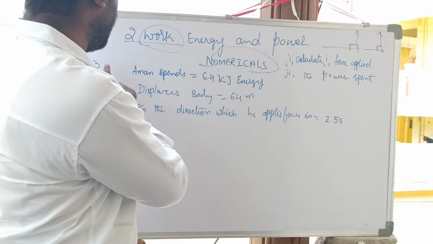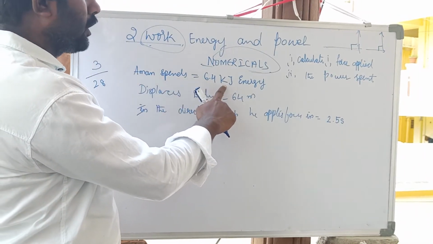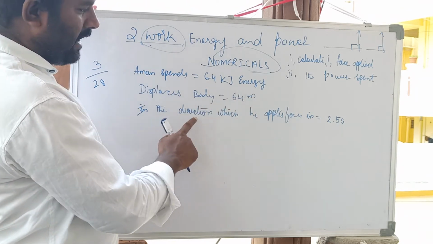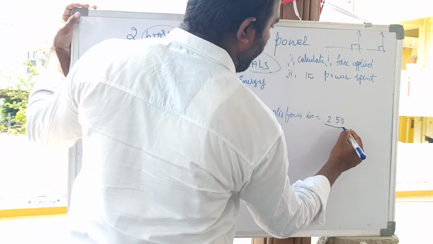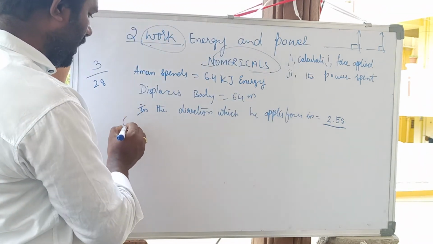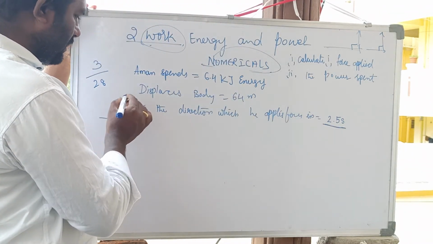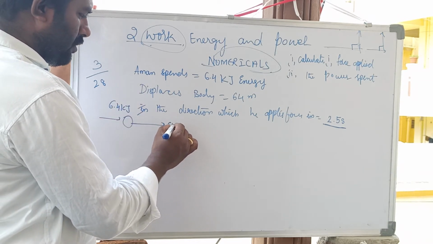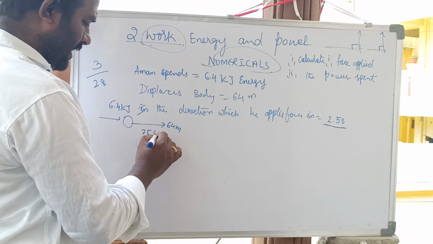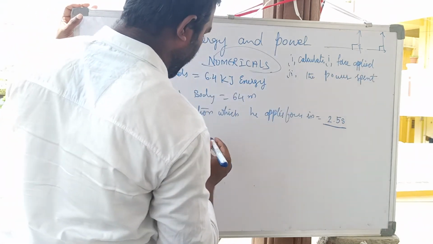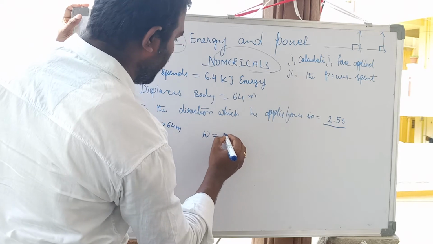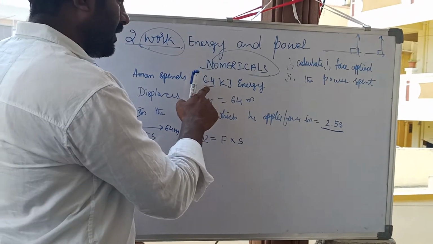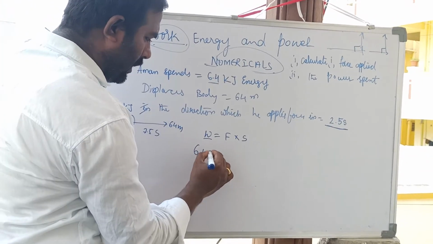Third question, numerical. A man spends 6.4 kilojoules of energy and displaces a body by 64 meters in the direction in which he applies the force, in 2.5 seconds. They ask us to calculate the force applied. W is equal to F into S. Work is already given, 6.4 kilojoules.